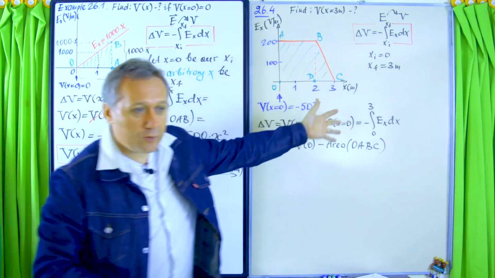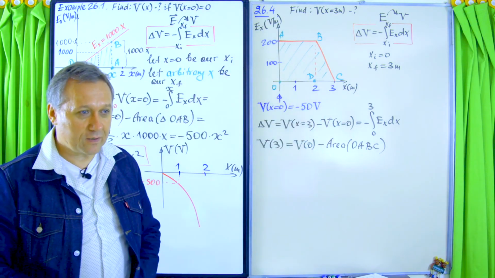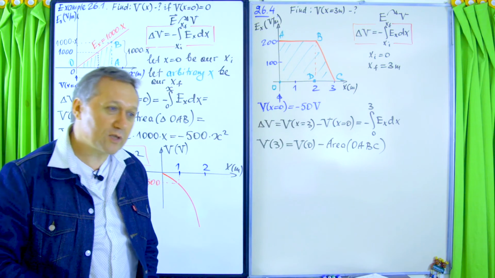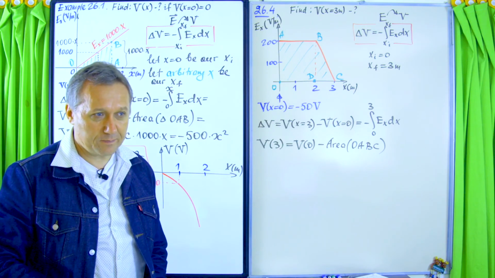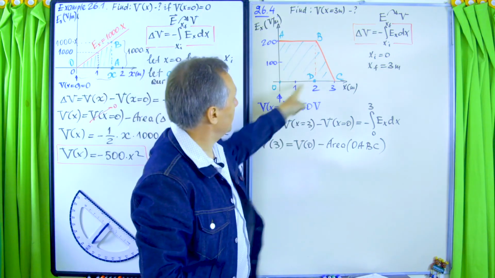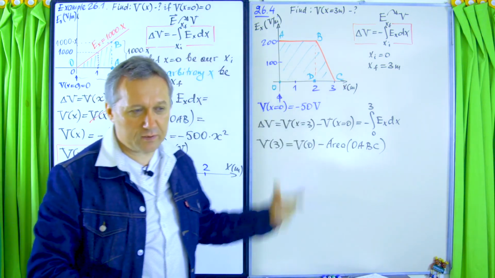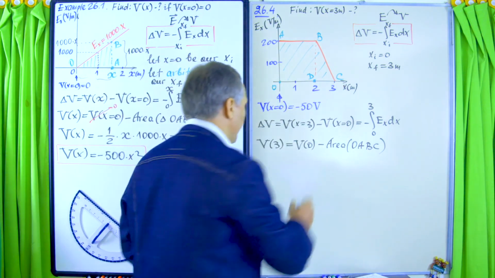Yeah, it's a trapezoid. You can use the formula for the area of a trapezoid, or you can split it into two parts, right, a rectangle plus a triangle. So let's split it into two parts.